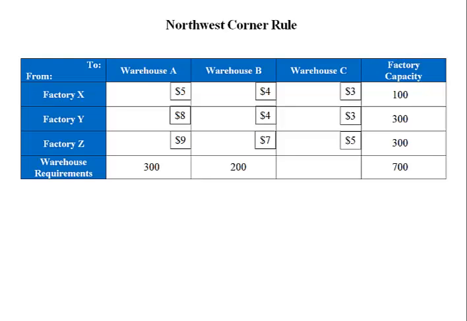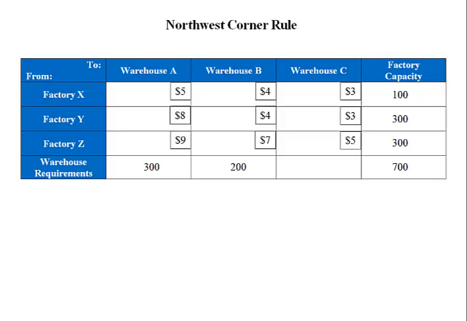In this lesson, we will talk about the northwest corner rule. Here we have an optimization problem in which we want to ship our supplies from 3 different factories to 3 different warehouses.